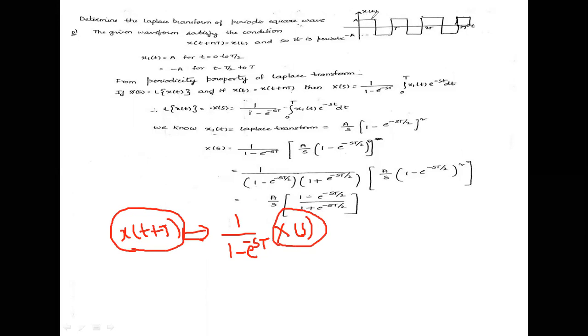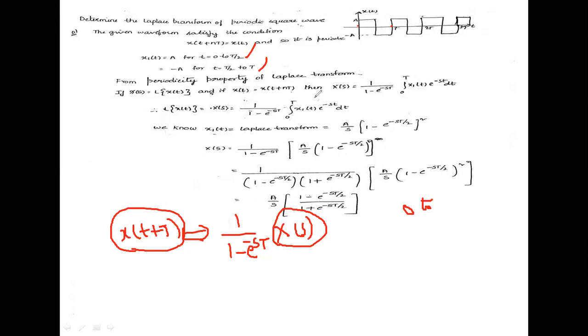The periodic signal is up to 0 to T, and it is repeated again and again for every interval of T. So for 0 to T, the range is plus a and minus a, plus a and minus a. Okay. See, x1 of t is, for 0 to T by 2, plus a, and for T by 2 to T, it is minus a.